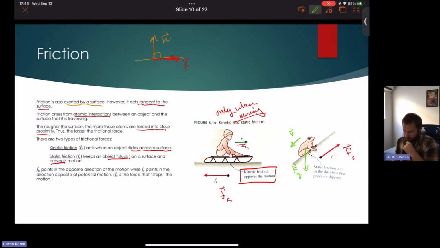Okay, so that's of course pointing up, and it always opposes the perceived motion, the motion we would expect. We expect it to go down the ramp, so this vector's got to point up the ramp to cancel that out. Okay, so this is only when stationary. Again, kinetic friction points the opposite direction of motion, whereas static friction stops the motion we would expect before it even gets started.